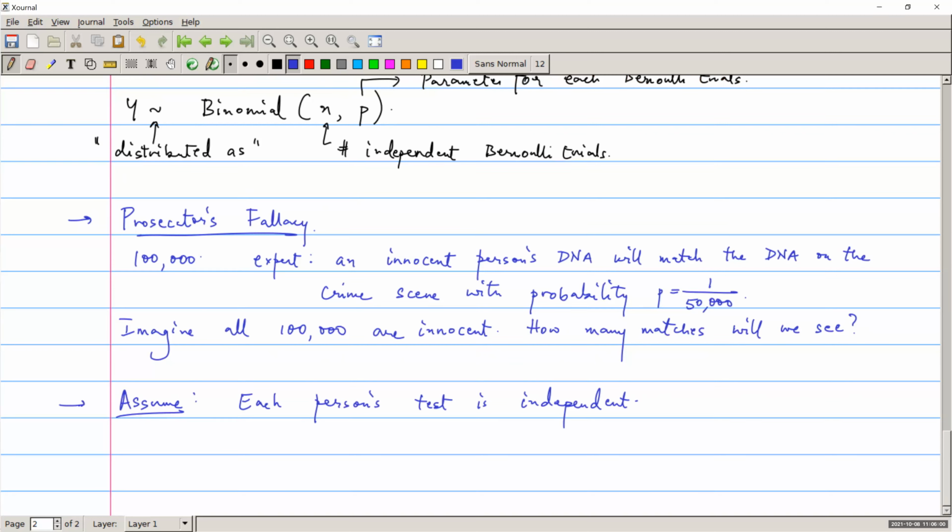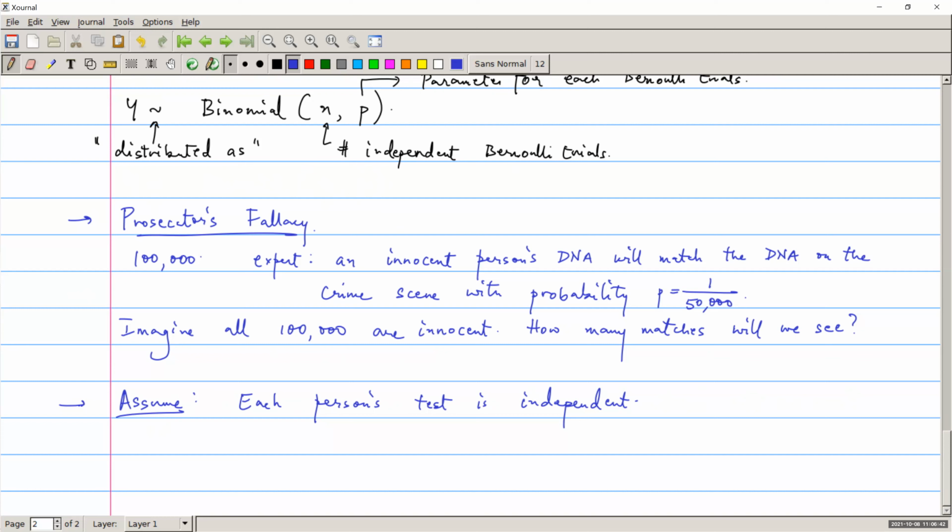I'm writing this assumption explicitly because I want you to think about what will happen when you remove it. So assume that each person's test is independent. Now this is not a very realistic assumption. People who are in the same family may have correlated tests. It's possible that the equipment used to make this test somehow introduces dependencies between the tests. Many things are possible, but let's assume for the moment that each person's test is independent.